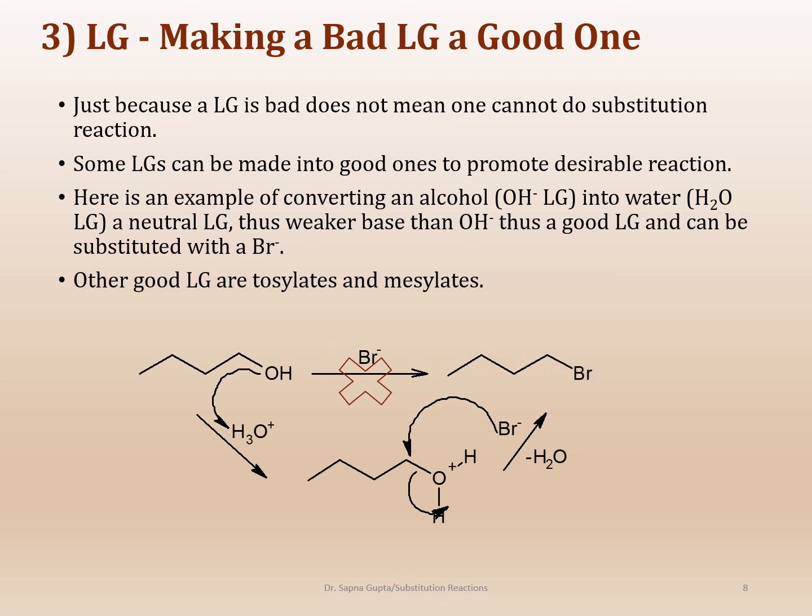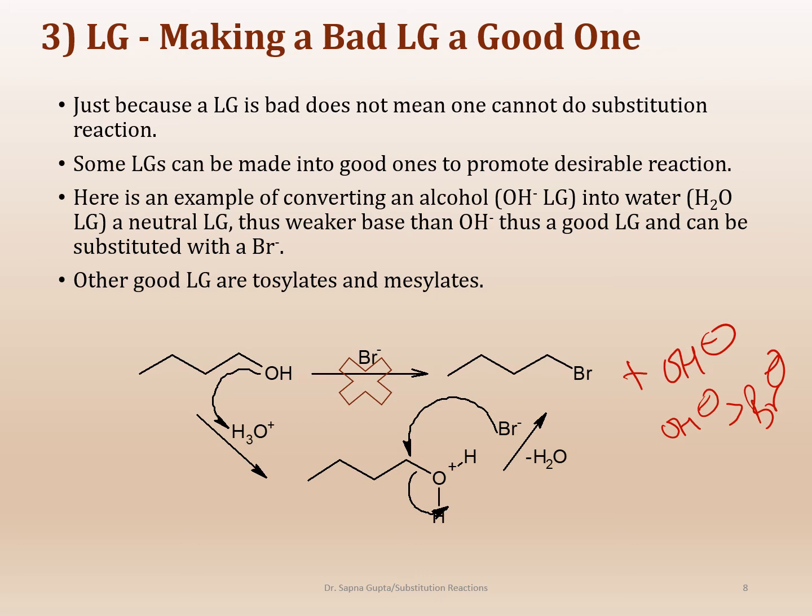Why is it not going to happen? Because your leaving group here is hydroxide. Hydroxide is way stronger of a base than bromide. So this reaction is not favored at all, because the leaving group is a way stronger base than the nucleophile. So you're like, I still want to do this reaction.